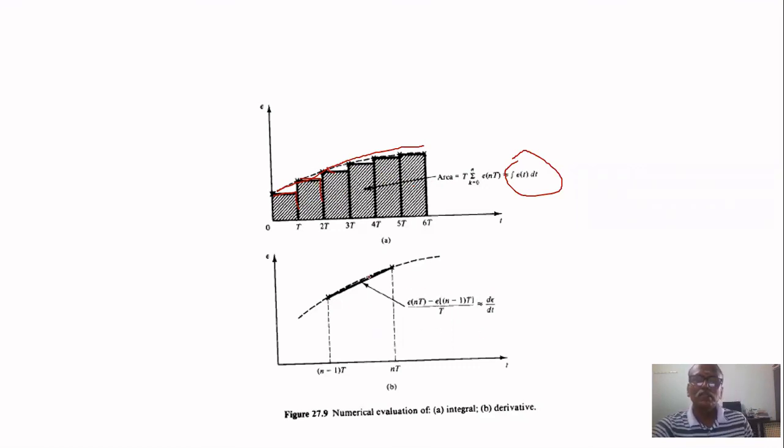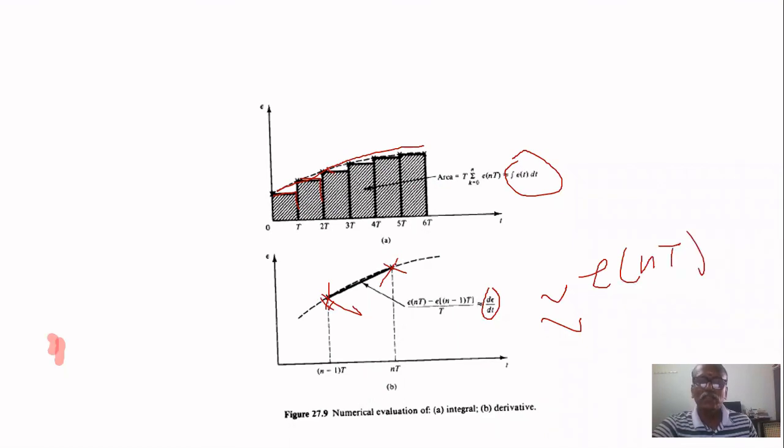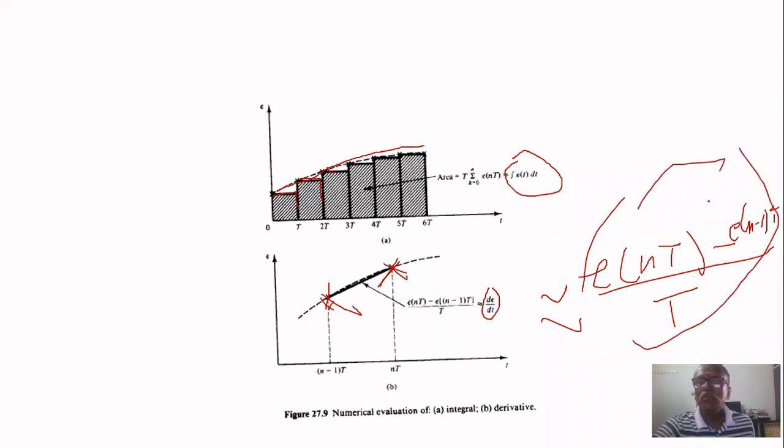Similarly, to find the slope between two points, de by dt can be approximated to e(nT) minus e((n minus 1)T) divided by T. By using that, we obtained the expression for the PID controller.